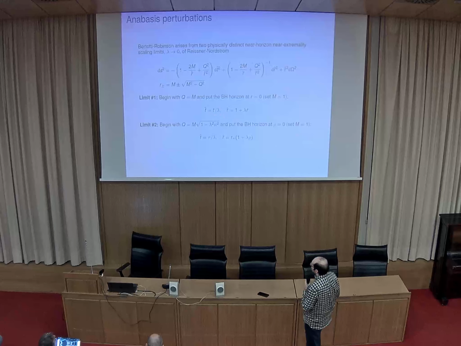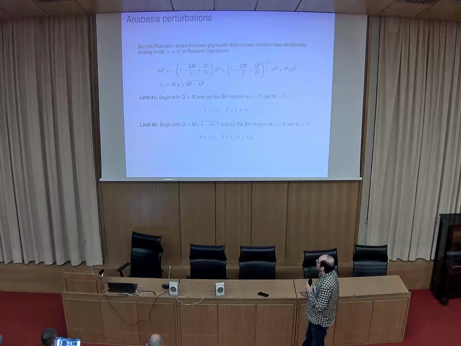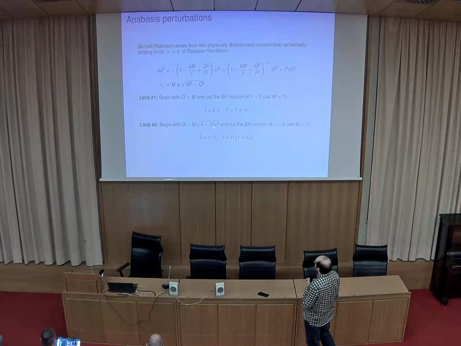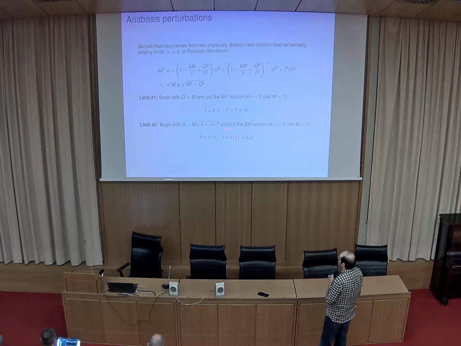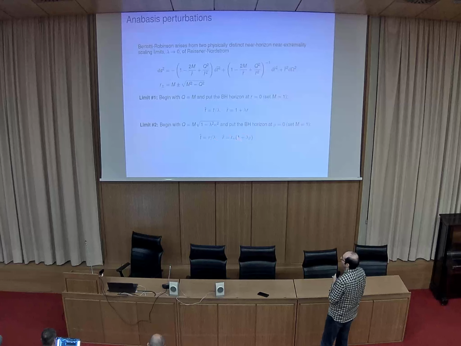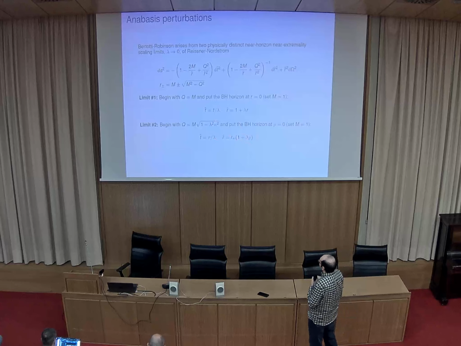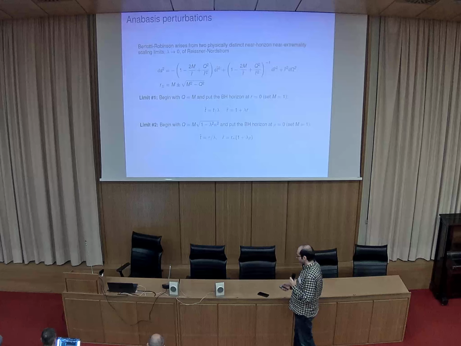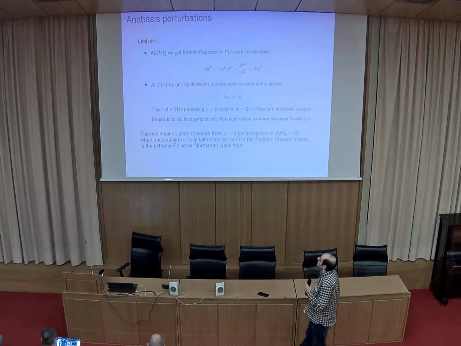But there is a parameter lambda in these coordinate transformations, which you then send to 0. Then there is a second limit, which you can do as follows. You can start with the Reissner-Nordstrom, which has this charge to mass ratio, so not exactly 1 initially. Do also a similar coordinate transformation, one parameter lambda, and send that to 0. So now the horizon is going to be mapped onto rho equal to 0.